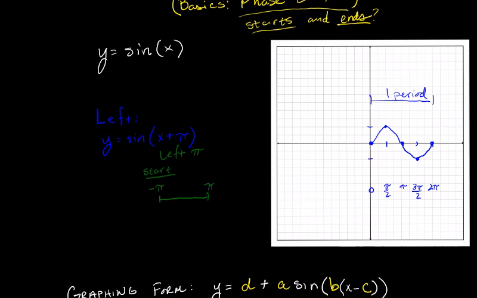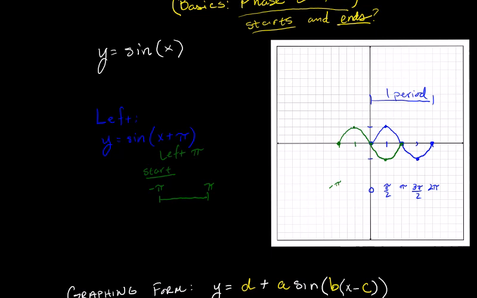So if we're taking a look at the graph over here, just to give you a visual of that, this would be negative pi, and so the graph would start here, go up, down, down, up, and so now we have a shift to the left pi, right?